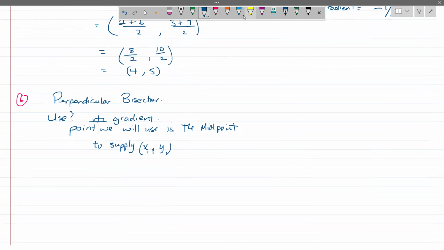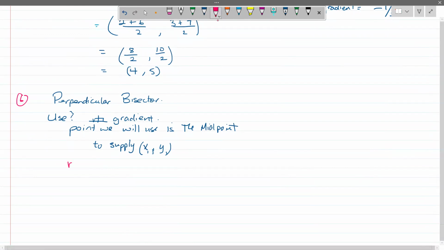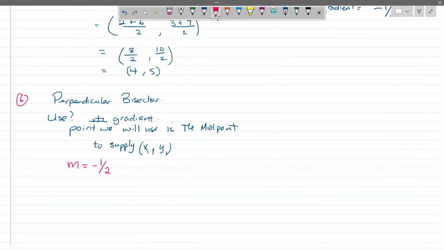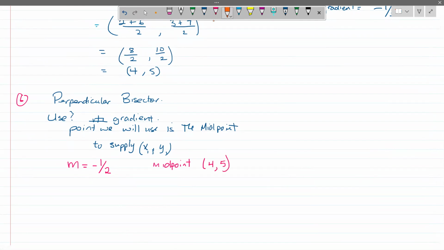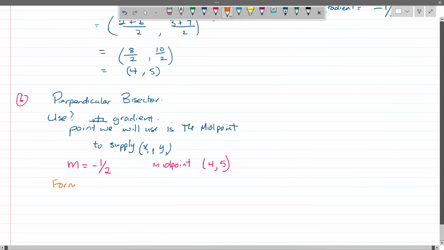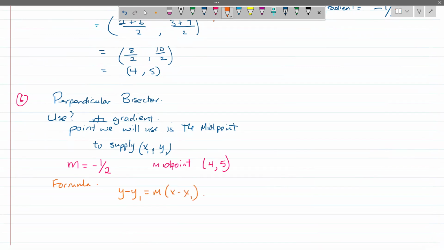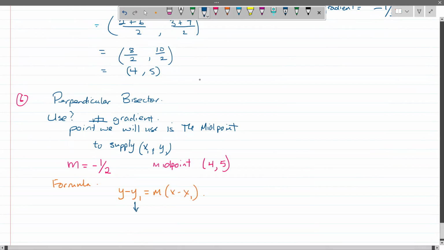So m is equal to -1/2, and our midpoint is (4, 5). Our formula for the equation of a line is y minus y1 is equal to m into x minus x1. Subbing values here, here, here. So y1 is 5, m is -1/2, x1 is 4.